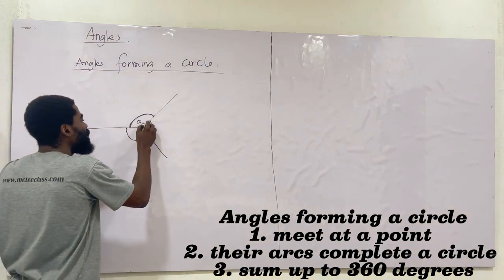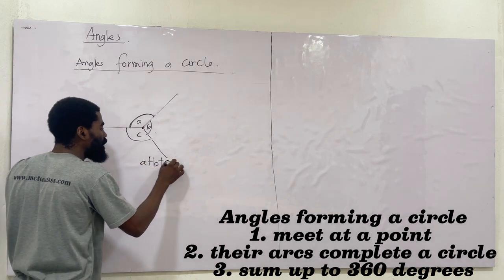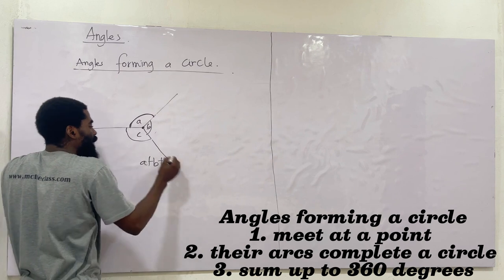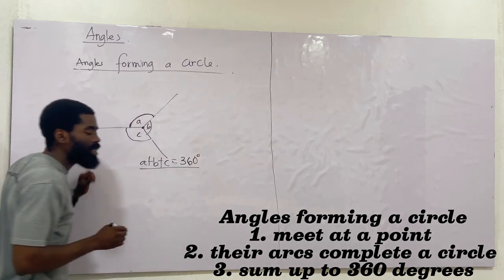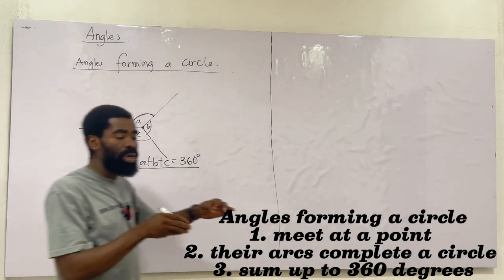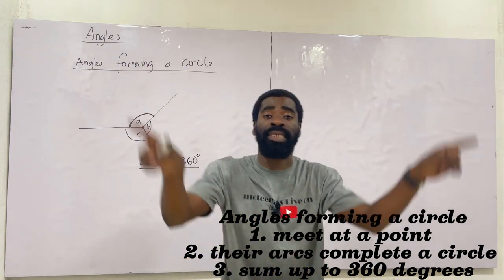If this is A, that is B, and that is C, then A plus B plus C, since they are at a point, and their arcs can complete a circle, the total angle in the circle is 360. So therefore, we add this and get 360. Hope you get the point I'm making here. So anytime the angles are at a point, don't rush to say the angles at a point is 360. No. Do their arcs complete a circle?